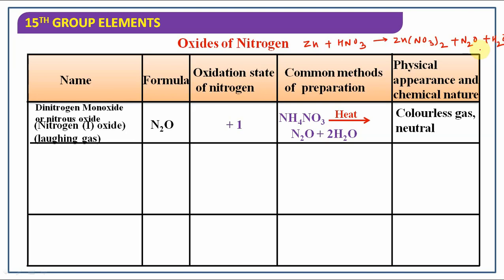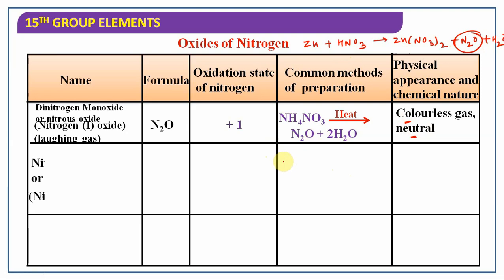I have not balanced it, right? So we can prepare it by treating a metal like zinc with HNO3. That is another preparation method. And in physical appearance and chemical nature, it is a colorless gas but neutral to litmus, right?